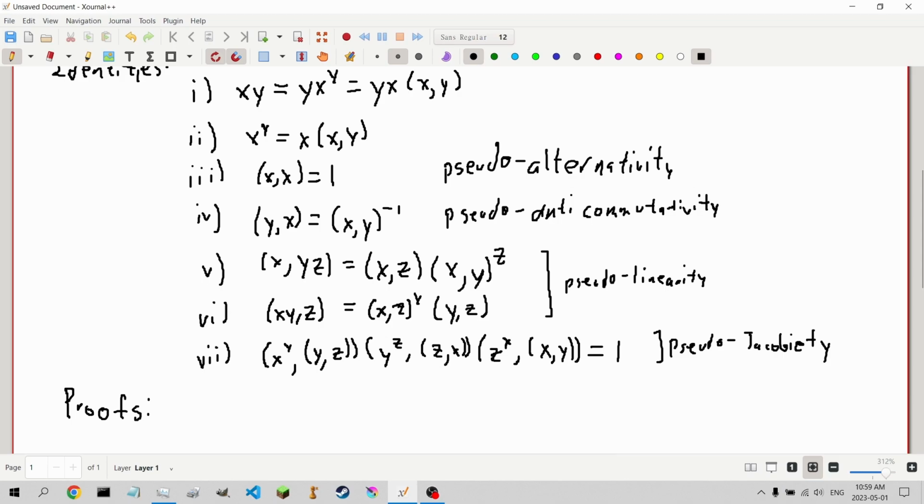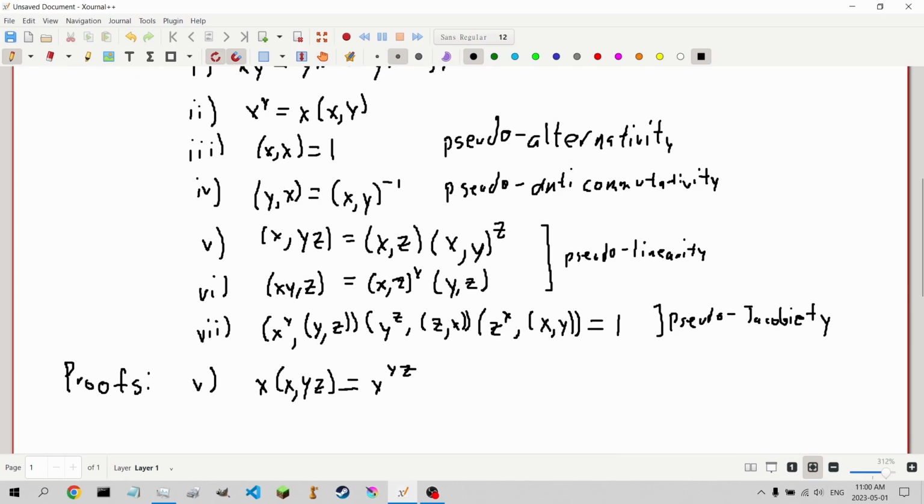So, for example, for number 5, we have from before that x times x by yz is equal to x to the yz by identity number 2, which is, as we saw before, equal to x to the y to the z.